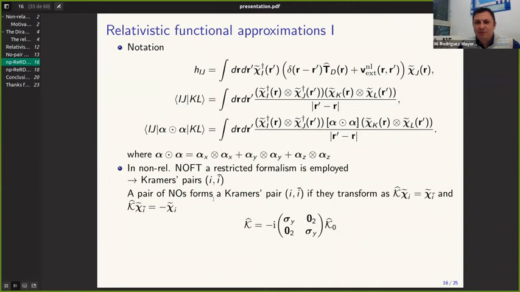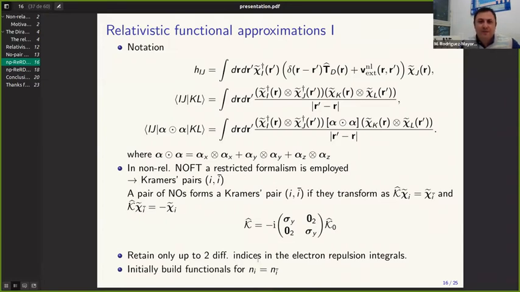So we will impose that our natural orbitals behave as Kramers pairs, which means that when we apply the time reversal operator, we have this relationship among the spinors that will be degenerate. And then when building our functional, we will only retain up to 2 different indices to account for Hartree, exchange, and some correlation effects.